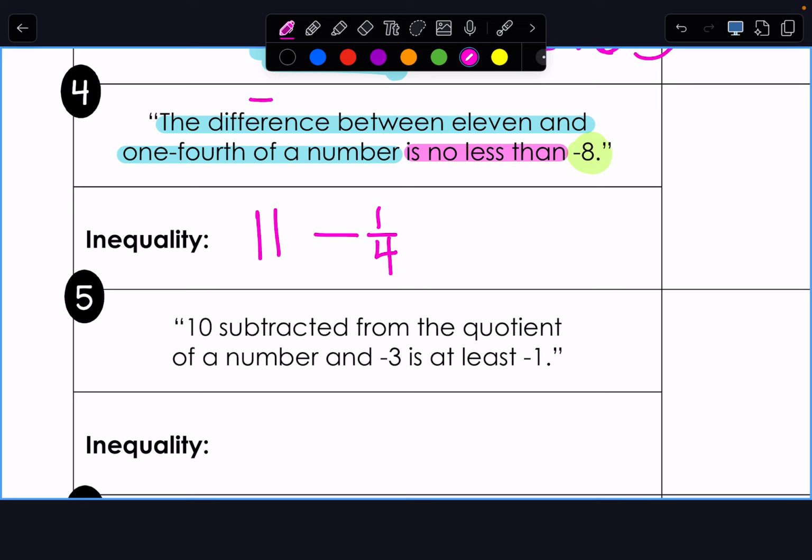So 1/4 of a number means we multiply by x, okay? Is no less than. You guys, it says no less than. So it's not less than, it's the opposite. It's greater than or equal to. And then what goes over here?